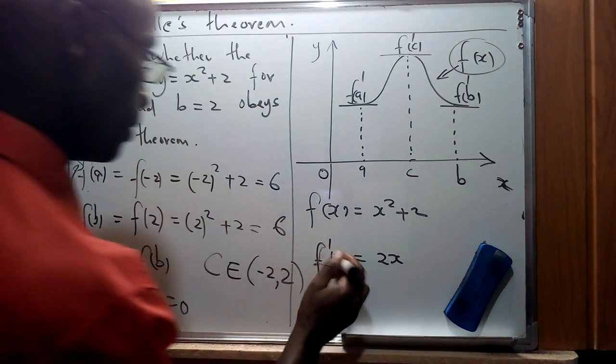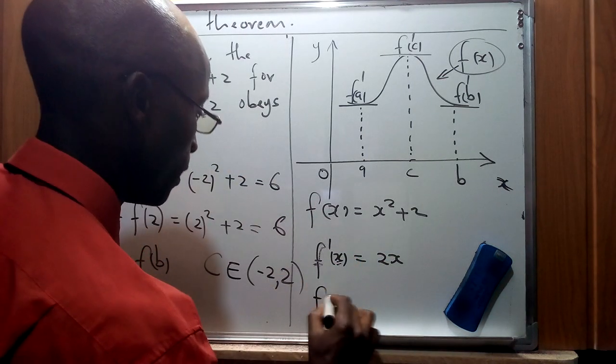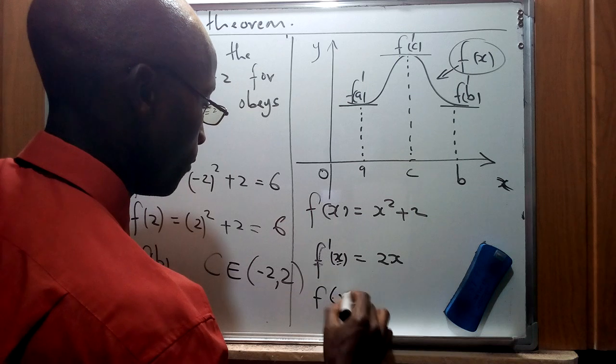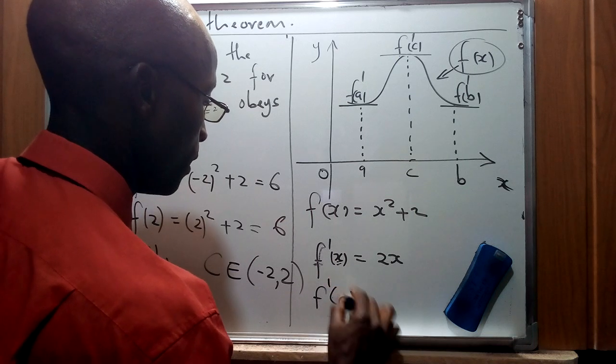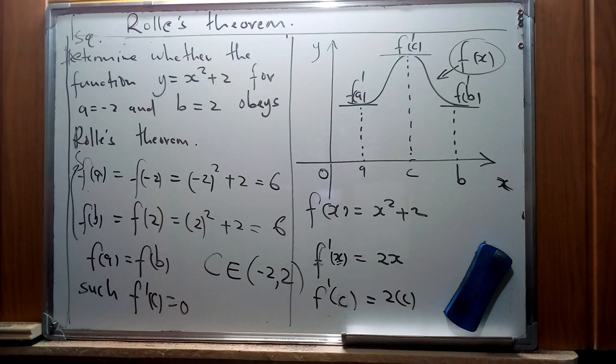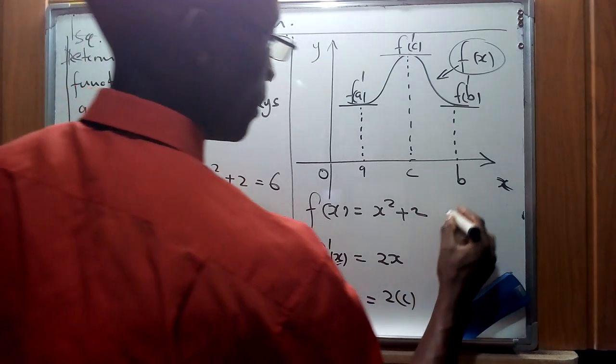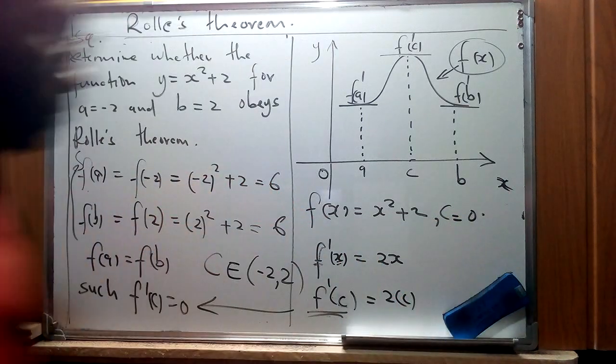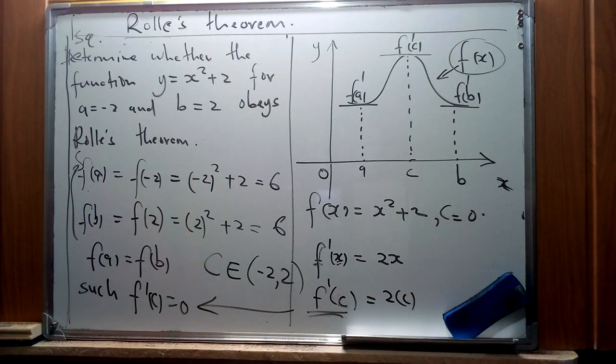If we substitute x for c, we have f prime of c equals 2c. In looking for the condition under which f prime of x is equivalent to 0 for it to obey Rolle's theorem, the value for c is going to be equivalent to 0.